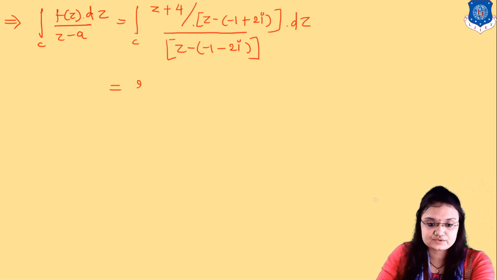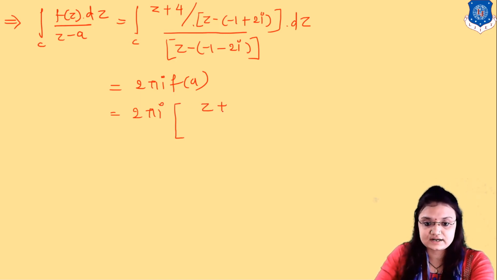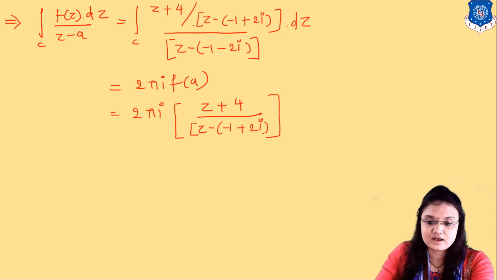So for this we can use 2 pi i f of a. Okay, so here 2 pi i and f of a, that is z plus 4 upon z minus 1 plus 2i, where z is equal to the point which lies inside the circle C, so that is −1 minus 2i.